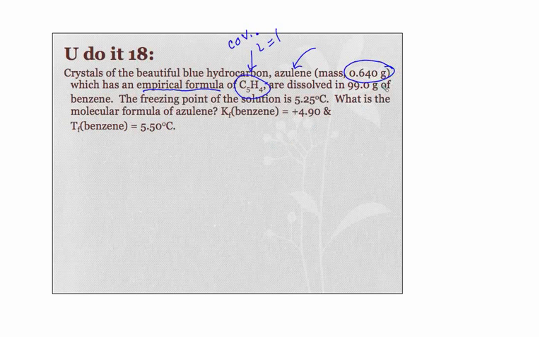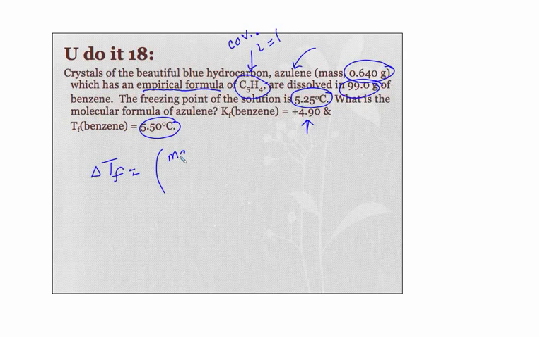So we have our solute, we have our solvent. It's benzene, but this time it's the freezing point. So we have a different K value, and we have different values for the freezing points of solution and solvent. So we're going to throw down our two formulas, the change in freezing point.